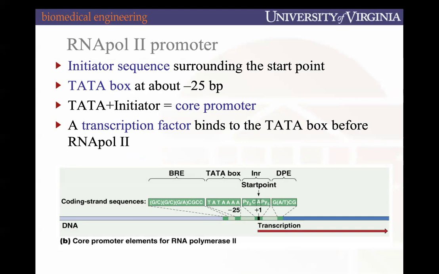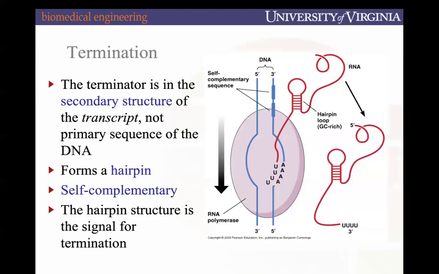So what self-complementary means is that there are sequences within that one strand of mRNA that are complementary to each other. There's the ability for it to bind back upon itself because there's a stretch of, for simplicity's sake, cytosines, and then a stretch of guanines, which are complementary.